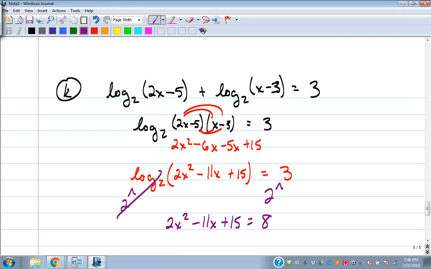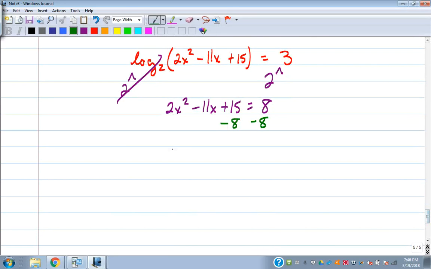Okay. Subtract 8 to get it equal to what? 0, because we have to have it equal to 0 in order to solve a quadratic. That's 2x squared minus 11x plus 7 equals 0.